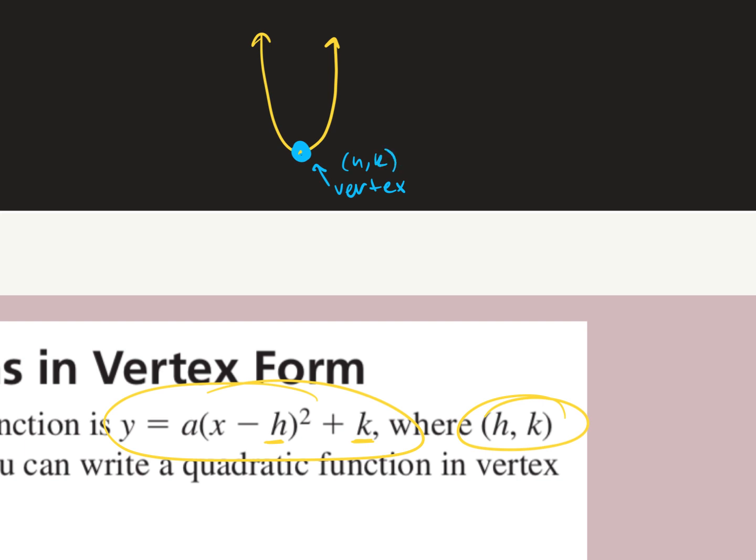So it's like an xy coordinate, but it's a special point because it's the vertex, so they use h and k here. Same thing if we had a parabola that opened down, the vertex would be at the very top, which would be that h, k. So it just depends on which way our parabola opens, but that key point is our vertex.